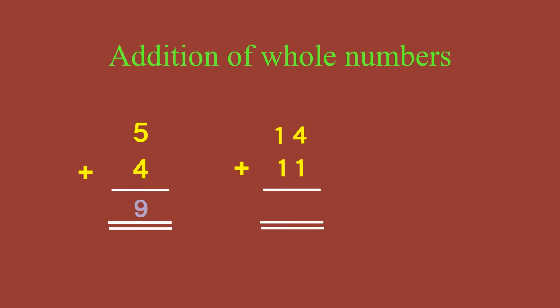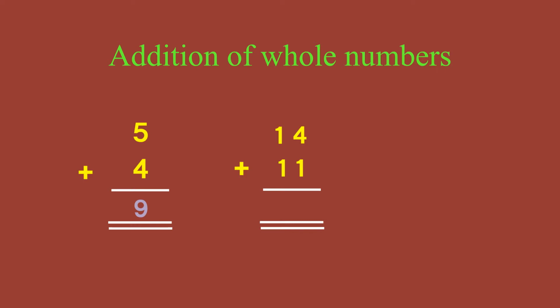14 plus 11. Right, now there are two places in 14, ones place and tens place. When we consider 11 also, there are two places, ones place and tens place. Can you see all the ones places are lined together and all the tens places are also lined together? Isn't that so?